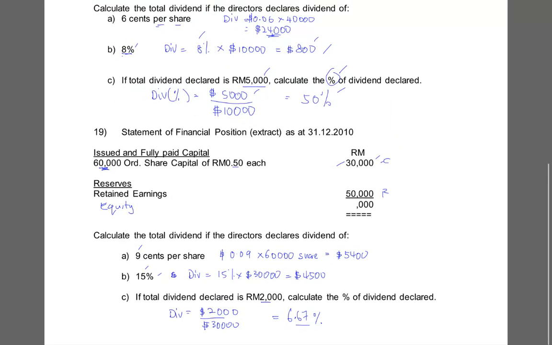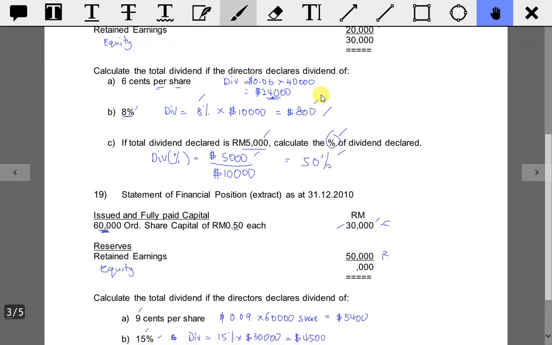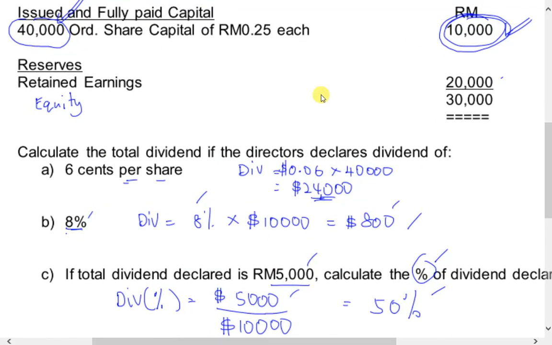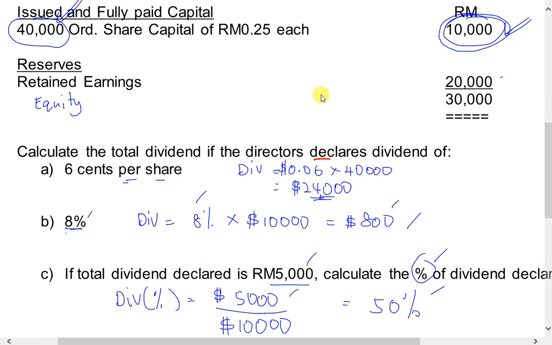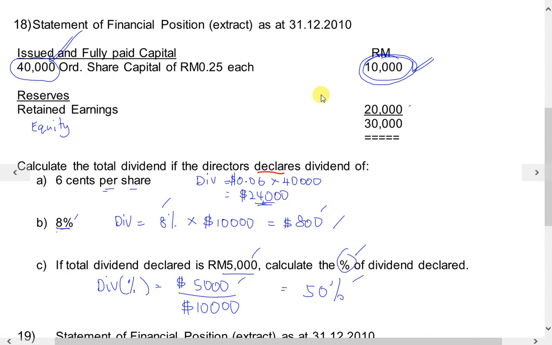Okay, now back to question 18. Example 1. This is dividend declared, which means not yet paid. So the double entry is for a dividend yet to be paid: debit dividend 24,000, credit dividend payable 24,000, which is a liability.